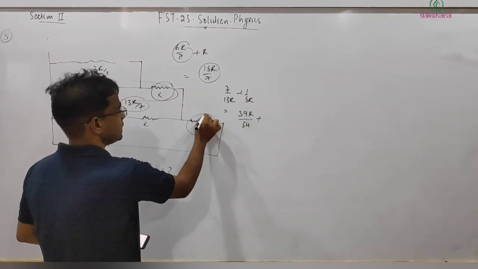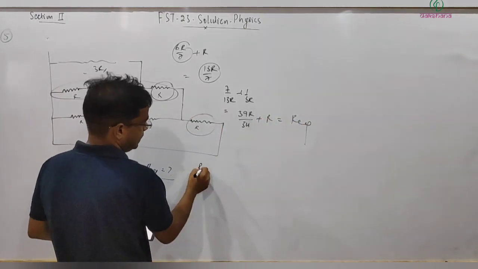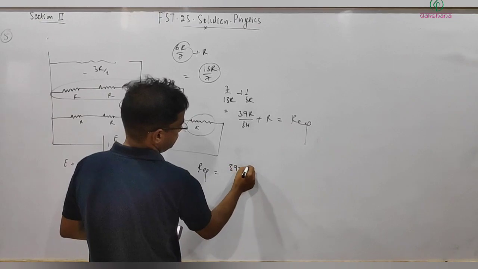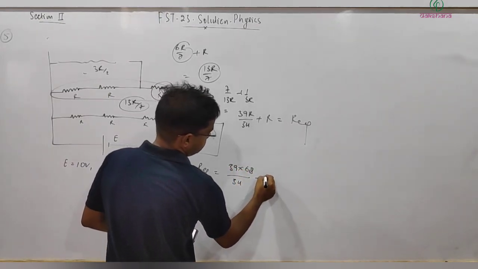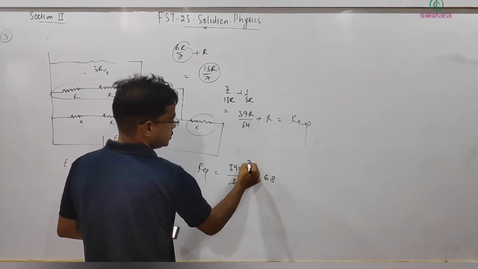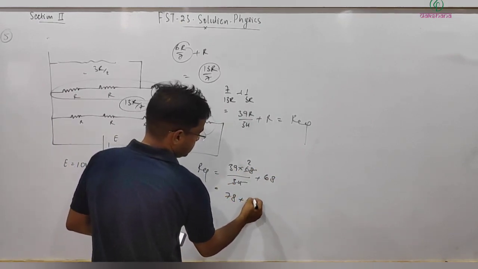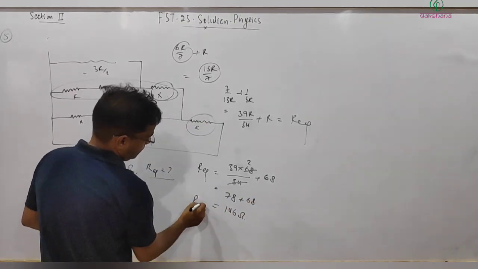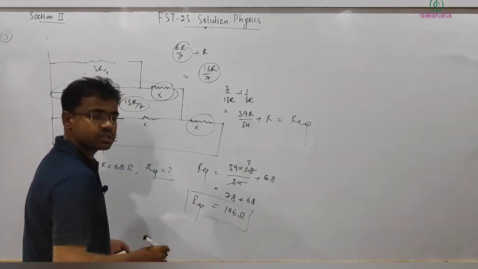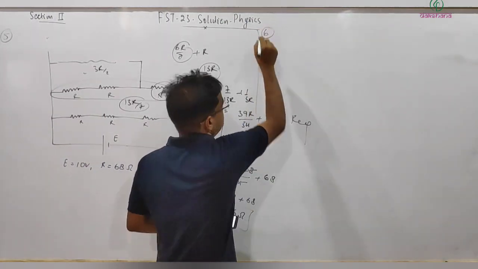And plus this R, that is equal to R equivalent. So R equivalent is finally 39 into 68 divided by 34 plus R, that is 68. So this is 78 plus 68, that comes out to be 146 ohm. So R equivalent across the source is coming out to be 146 ohm. That is question number 5.